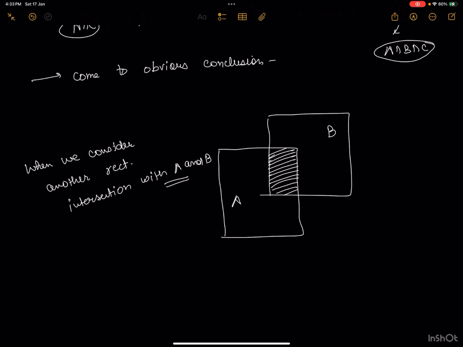It will either keep it the same. Let's say if the rectangle is like this, in that case A intersection B intersection C will remain the same, or this rectangle can be something like this.